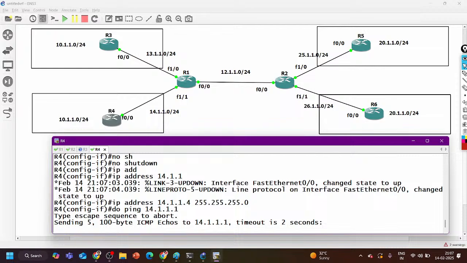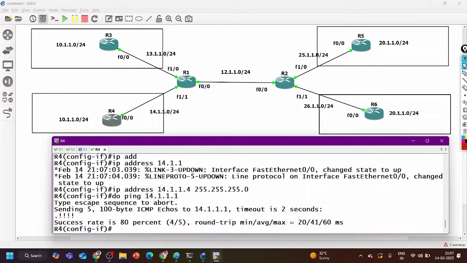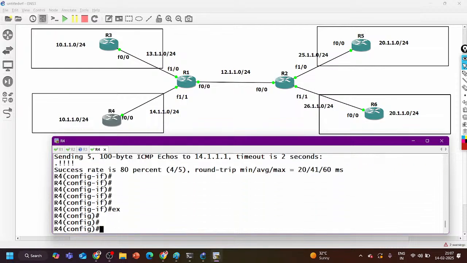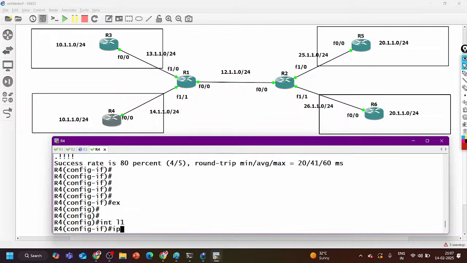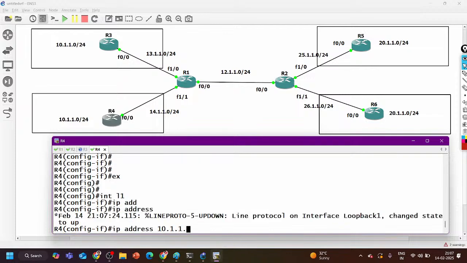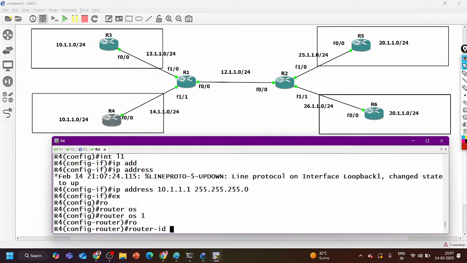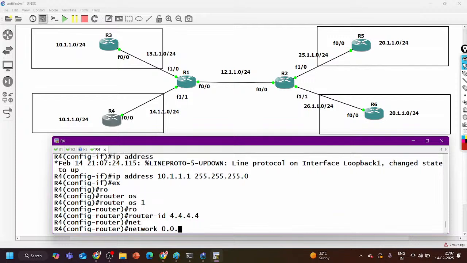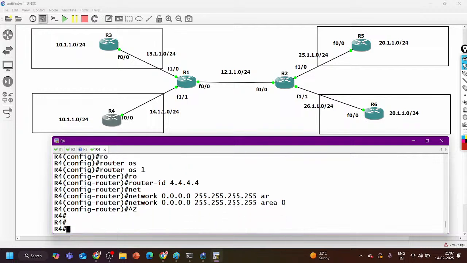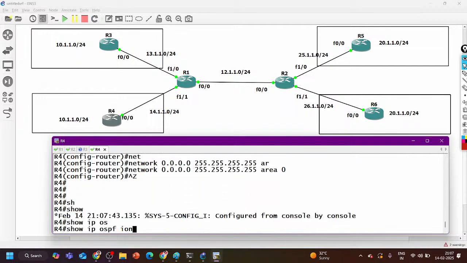Yes, definitely this ping will work. Ping is working. Then interface loopback 1, IP address 10.1.1.4 255.255.255.0. Exit. Router OSPF 1, router ID 4.4.4.4, and network 0.0.0.0 255.255.255.255 area 0. So show IP OSPF interface brief.